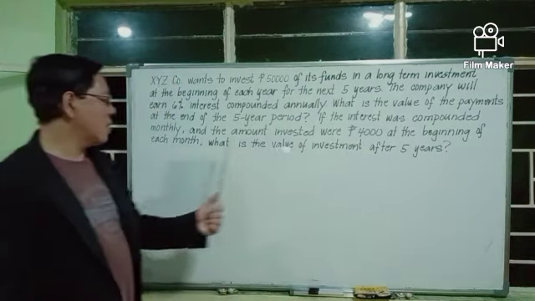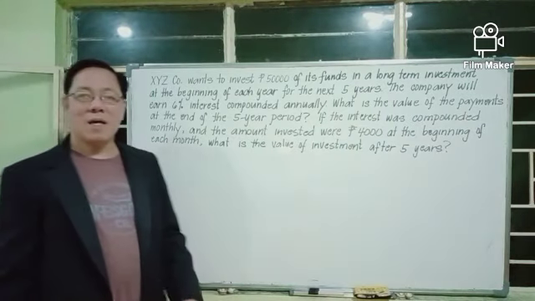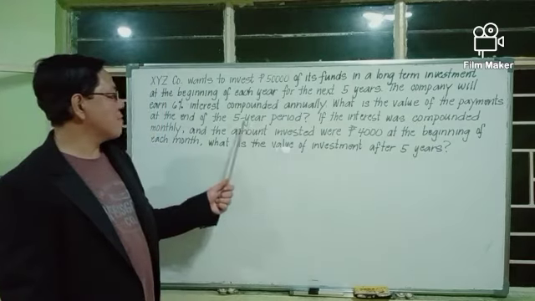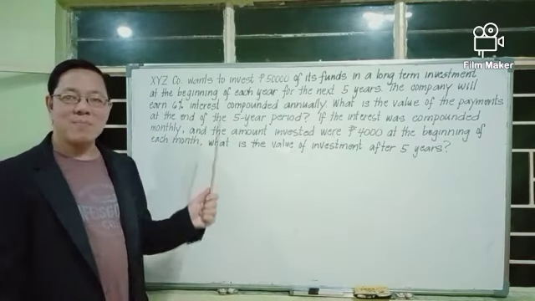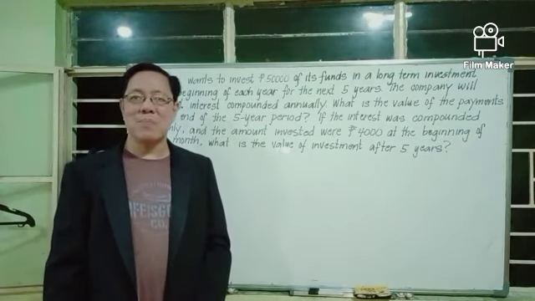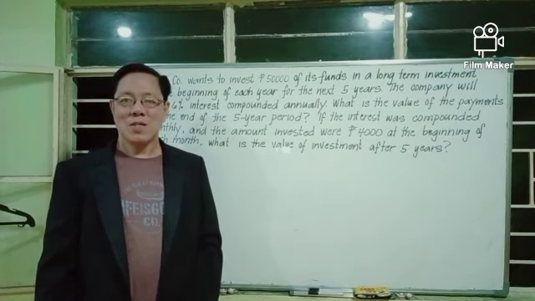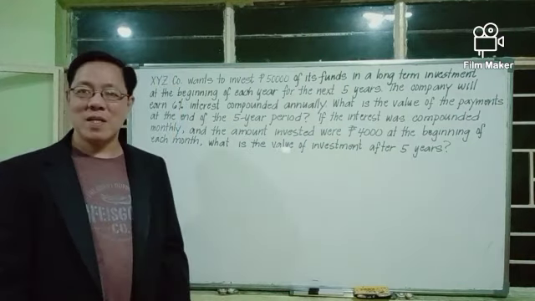And it's understood that we use the same interest rate of 6%, but we have to compute the interest rate per month by dividing 6% or 0.06 by 12. We write the given information.